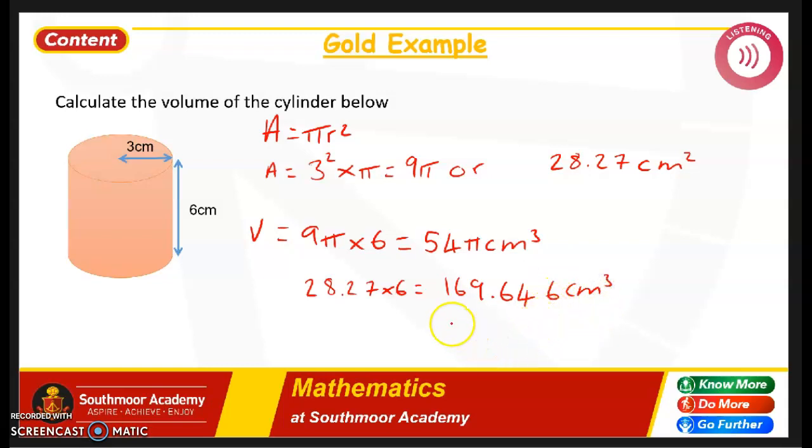Rounding that to 2 decimal places, 169.65 centimetres cubed. So you find the area of the circle and times it by the length.